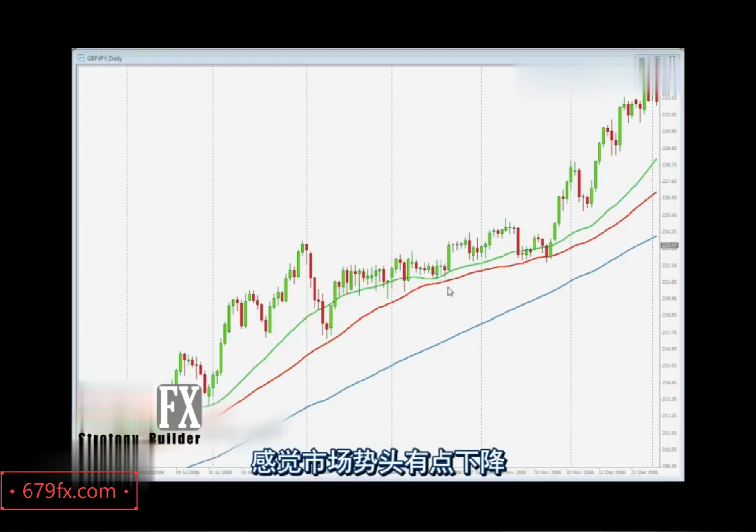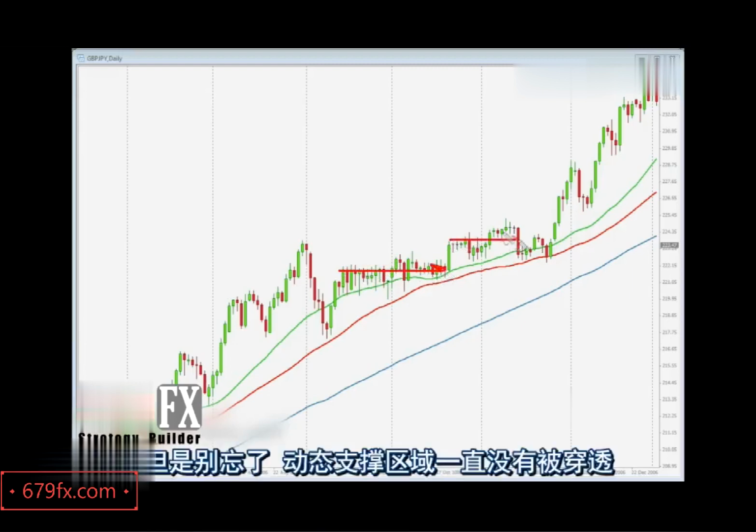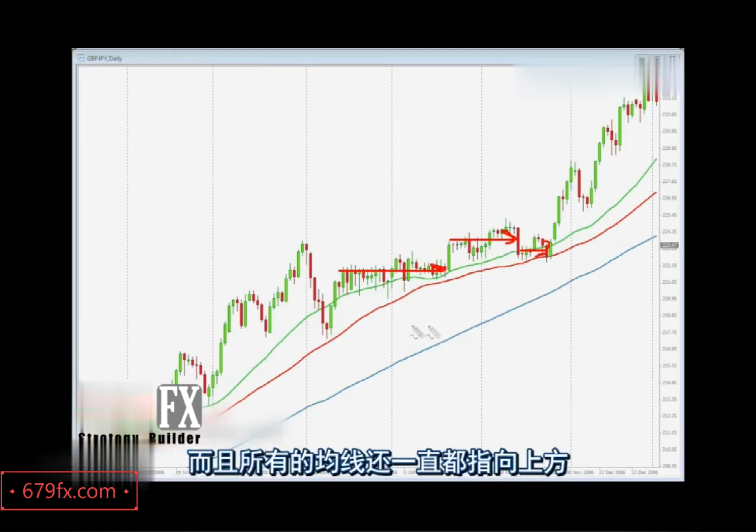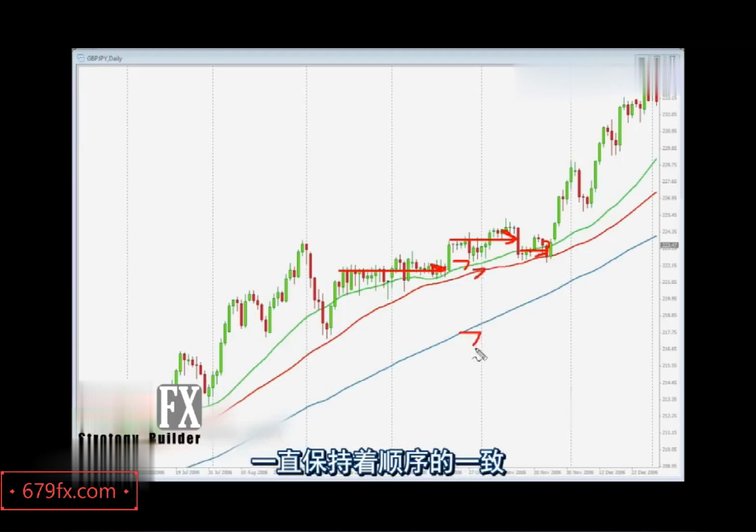Seems like the market lost a little bit of momentum there, a little bit of steam, but nonetheless, even though we lost momentum and were moving sideways, please keep in mind that the dynamic area of support was never breached. In fact, the moving averages all continued pointing up, continued in order, okay?